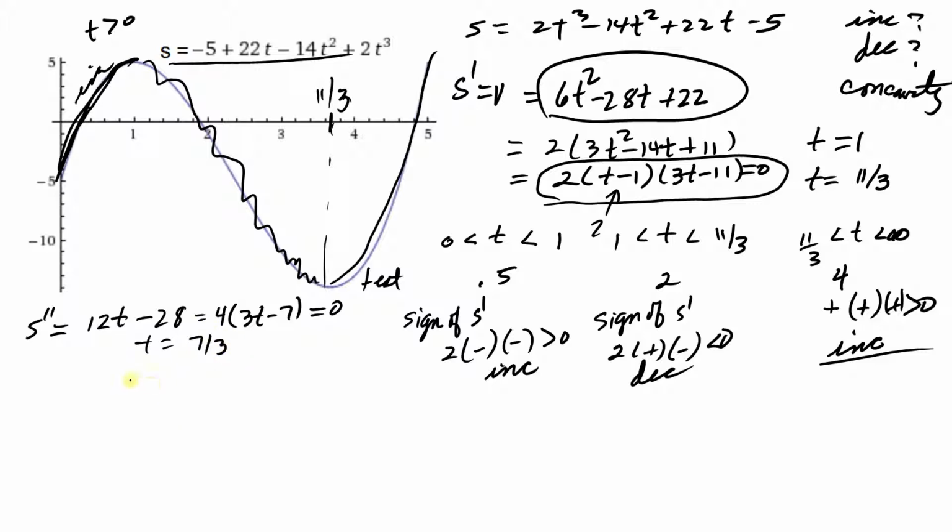So to test concavity, we look between t equals 0 and 7 thirds, and t between 7 thirds and infinity. Now pick a test point.